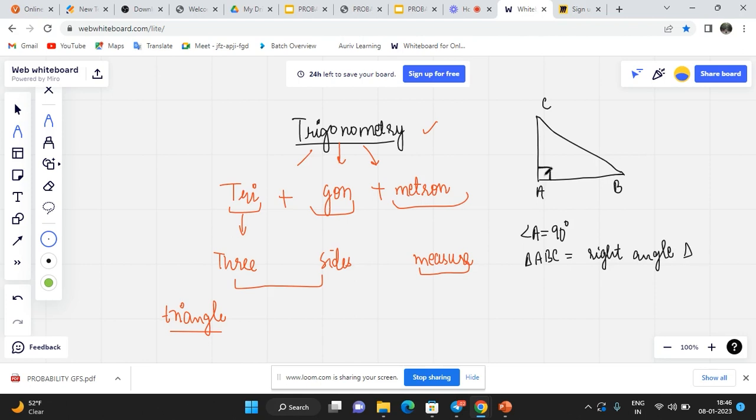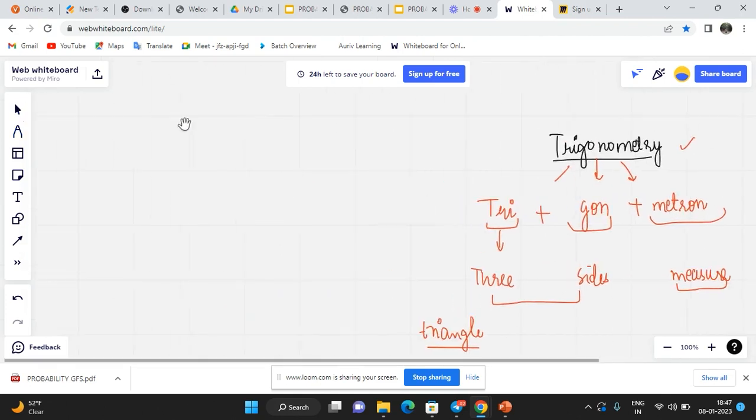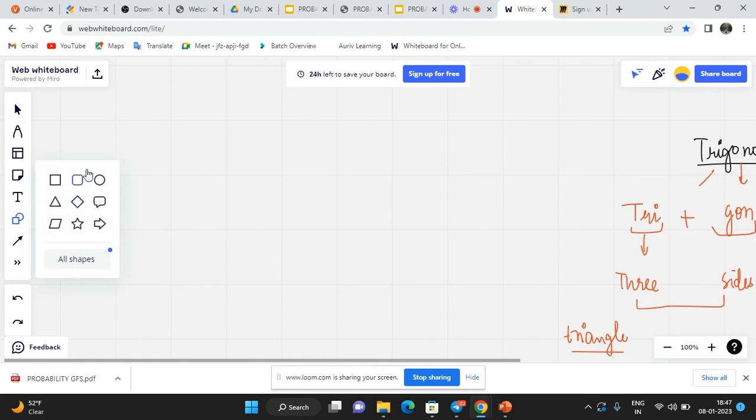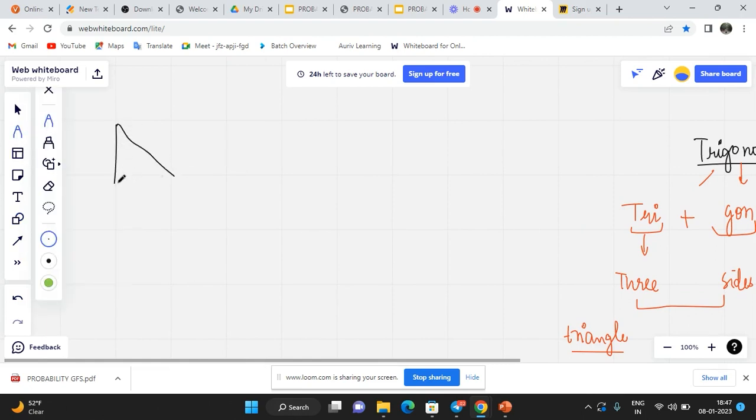Now, as you might have studied, in a right angle triangle, if I draw a right angle triangle here, with A, B, and C, angle B is equal to 90 degrees. The line containing this right angle is called the perpendicular.